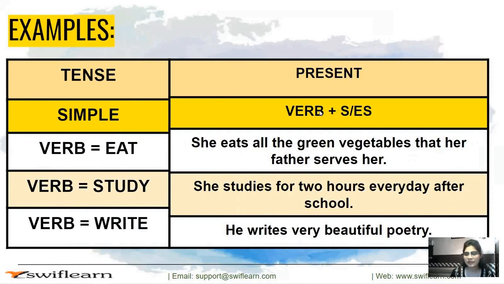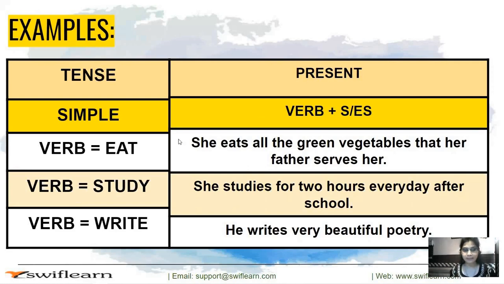Now, what is s or es? We use s or es whenever we talk about someone else. When we use she, he, it, or a name, we use s or es at the end of the verb. And when we are talking about I, we, you, they, we never use s or es at the end of the verb.